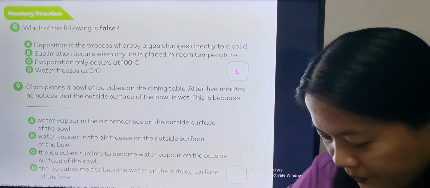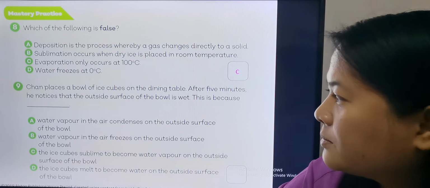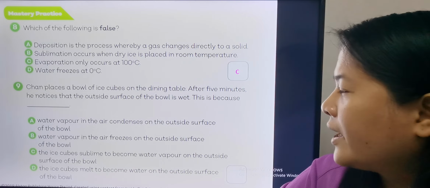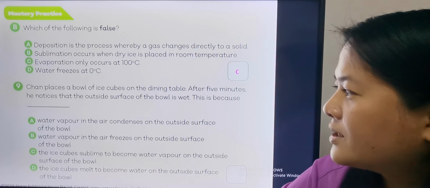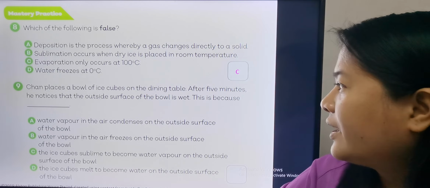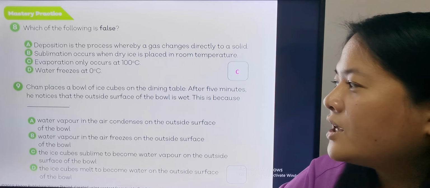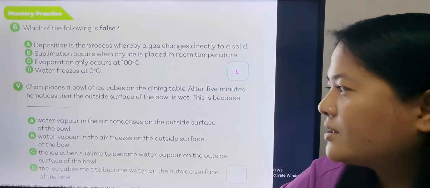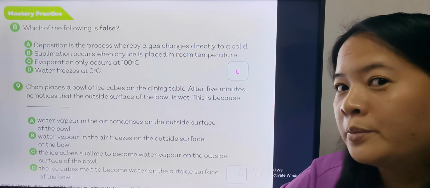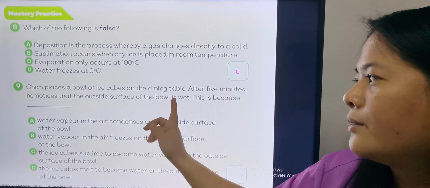And then number 9, Chan places a bowl of ice cubes on the dining table. After 5 minutes, he notices that the outside surface of the bowl is wet. This is because why? After he places the bowl of ice cubes at the dining table, the outside of the bowl, not inside, the outside of the bowl becomes wet.